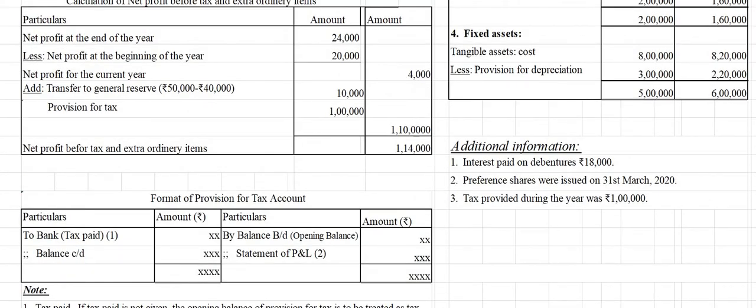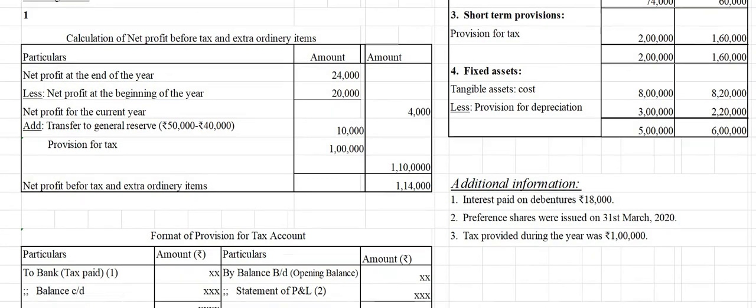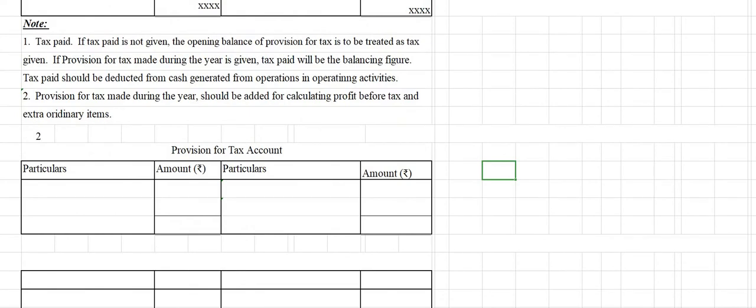Opening balance of provision for tax. Opening balance 1,60,000, closing balance 2 lakh. So let us write that first. Opening balance brought down 1,60,000, and closing balance is balance carried down 2 lakh.